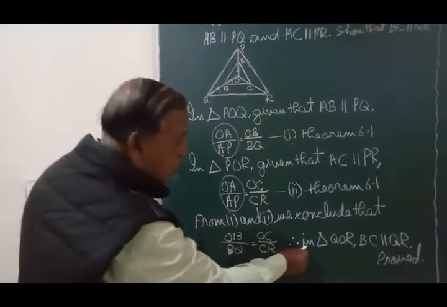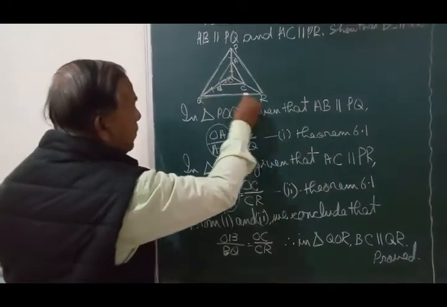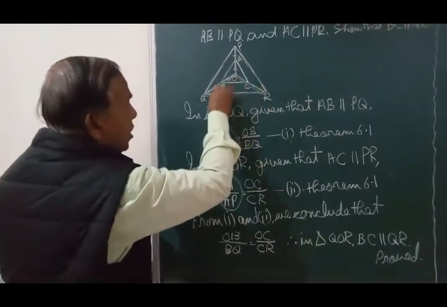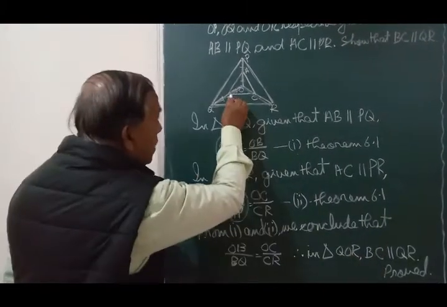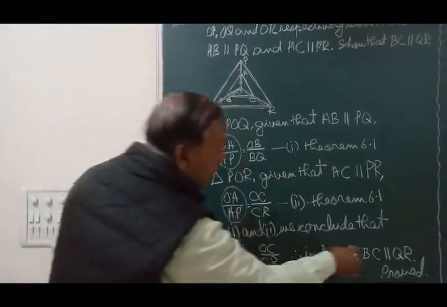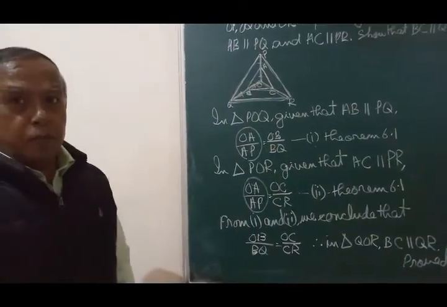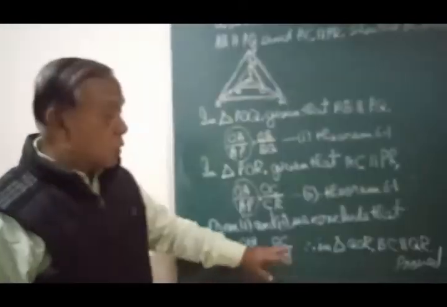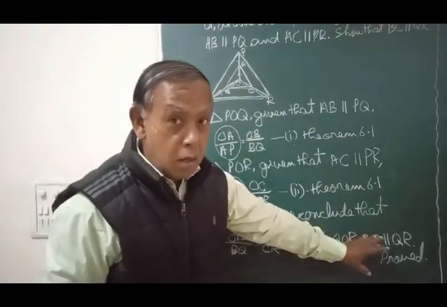Therefore, which means in the triangle OQR, these sides are in the ratio. Therefore, BC is parallel to QR, exactly what we are supposed to prove. According to theorem 6.2, if the sides are in the proper ratio, the lines are parallel.